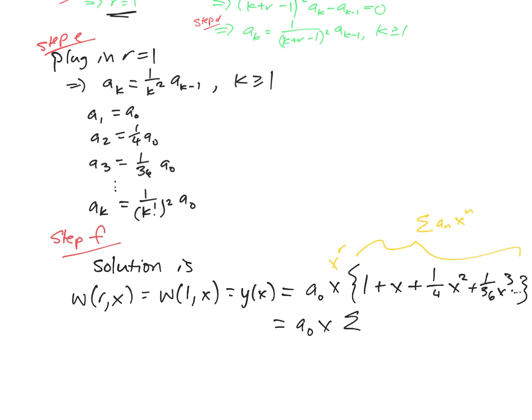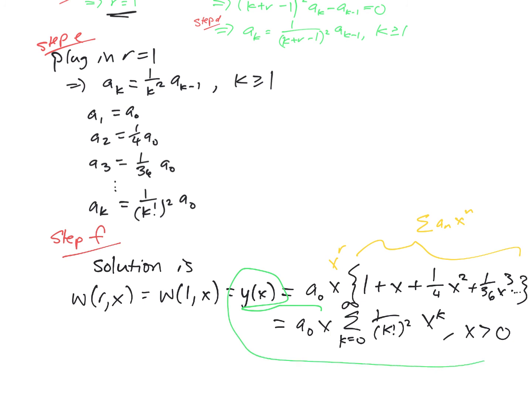We're using k. We do k equals 0 to infinity of 1 over (k factorial) squared times x to the k. And that's for x greater than or equal to 1. There we go. That's our answer.